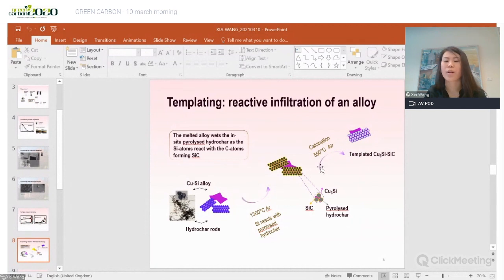And then after we obtained this alloy carbon composite, we tried to remove the pyrolyzed hydrochar by calcination in air. And then we obtain this templated alloy with silicon carbide.